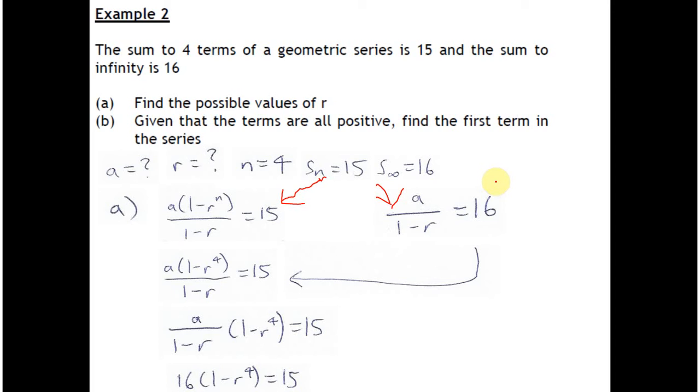So you get 16 times 1 minus r to the 4 is equal to 15. Rearranging, divide both sides by 16, we get 1 minus r to the 4 equals 15 over 16.